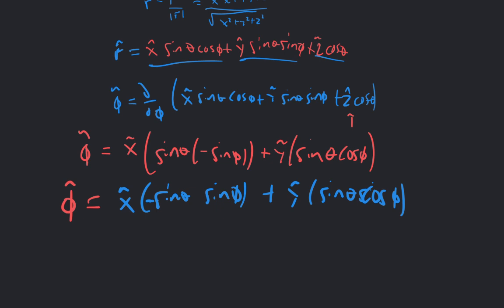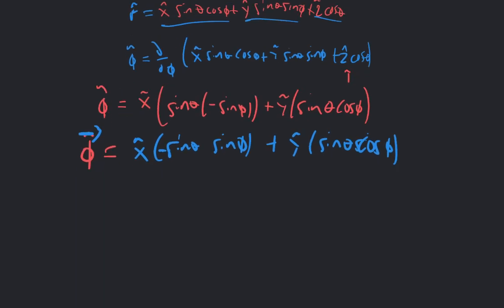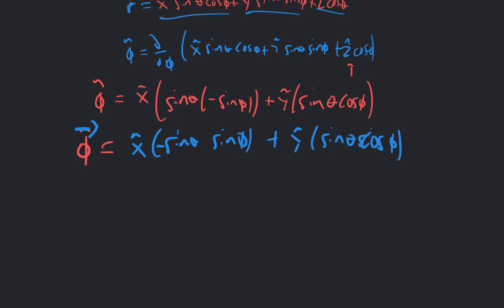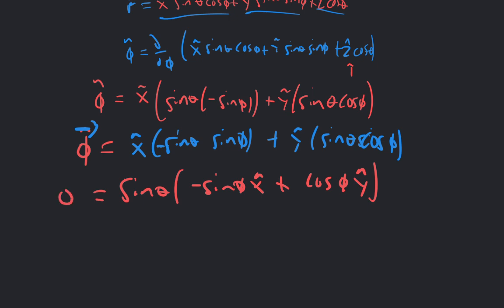But wait, I made a mistake. This is not actually the unit vector, this is just the phi vector in the phi direction. To make this a unit vector, let's factor out sine of theta from the x and the y units. So it's going to be sine theta times minus sine phi x unit plus cosine phi y unit. Oops, not theta, phi vector, sorry.